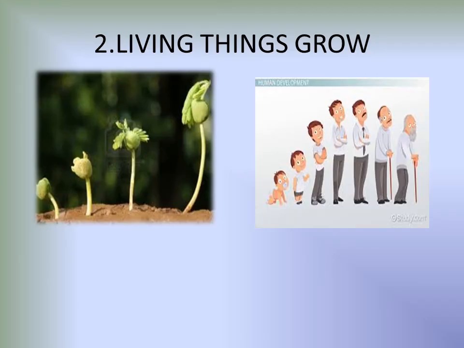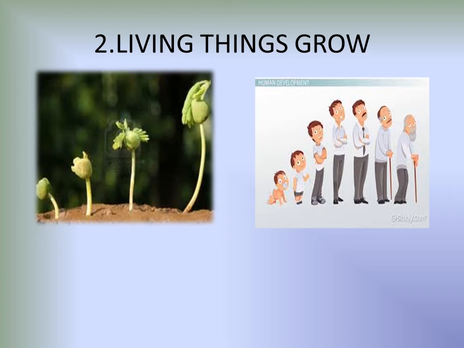Second, living things grow. We can see in the figure, a plant grows from a seed. That means first a small seedling appears, then it grows, and finally a plant is formed. Similarly in humans also, a baby is born, after that infant, then child, then teen or adolescence, then adult.